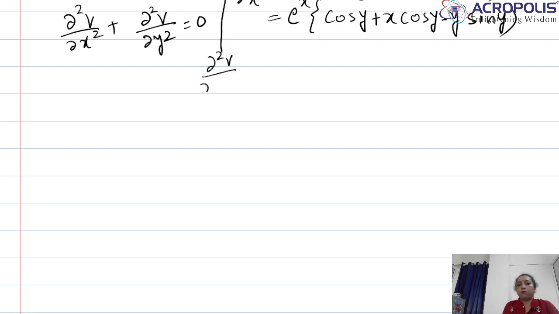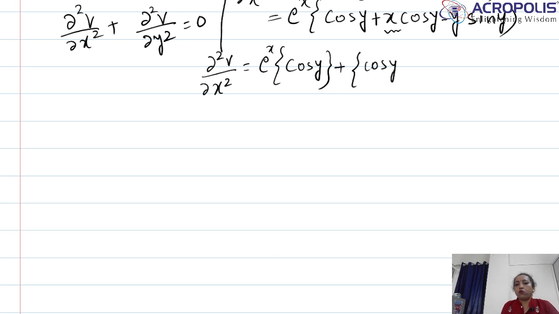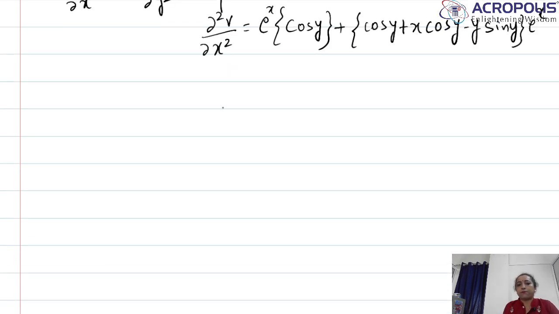So del 2 v by del x square is equal to first function as it is. If I differentiate the term with respect to x, I am getting here cos y only, plus the second term cos y plus x cos y minus y sin y remains same, and the derivative of e to the power x will become e to the power x.